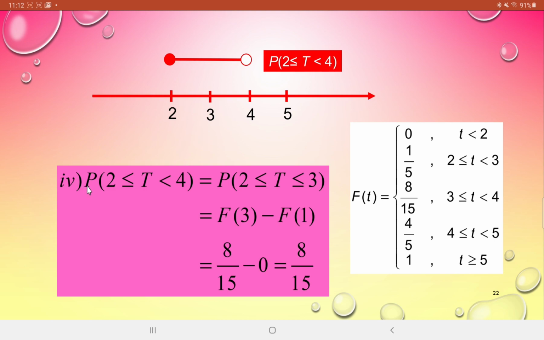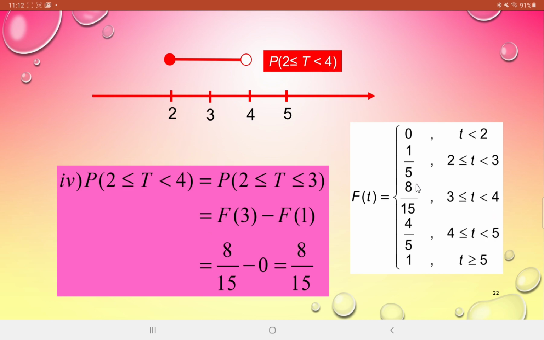4. Probability T more than or equal to 2 and less than 4 is equal to probability T more than or equal to 2 and less than or equal to 3. To find probability T more than or equal to 2 and less than or equal to 3, we subtract F(1) from F(3). F(1) is equal 0.